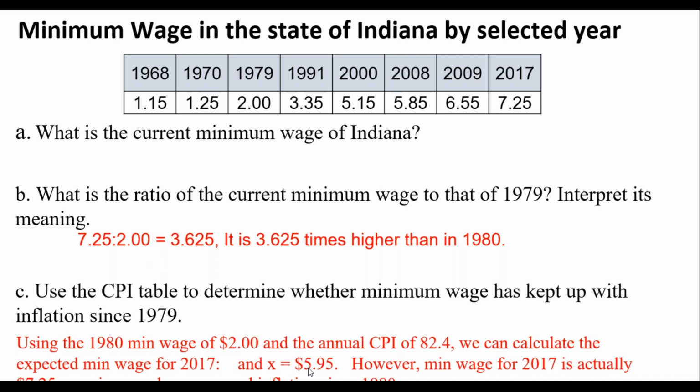We come up with the 5.95, and so we can say, wow, inflation is $5.95, but the minimum wage is actually more than what the inflation rate is allowing. So we're actually getting more. It went past the inflation rate. Okay, so you can use this idea of the CPI to verify if answers are correct or not.